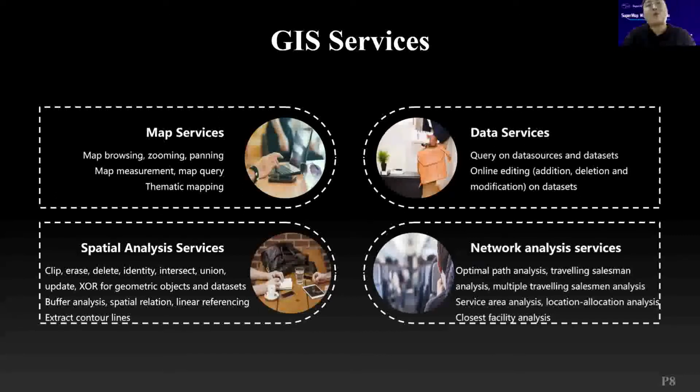It can provide us the capability of optimal path analysis, traveling salesman analysis, multiple traveling salesman analysis, service area analysis, location analysis, closest facility analysis. And for all of this, I will show you later on a real example.